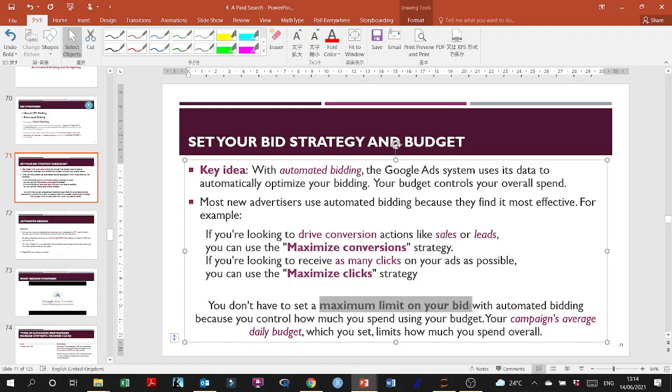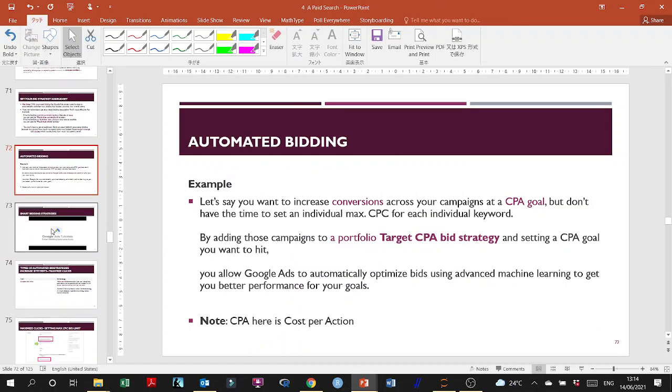Google got out of the problem of setting up the maximum limit of your bid by telling you, just tell me how much you want to spend per day, and hopefully I will get you something, anything I can get for you. So that was really big for automating the bidding.